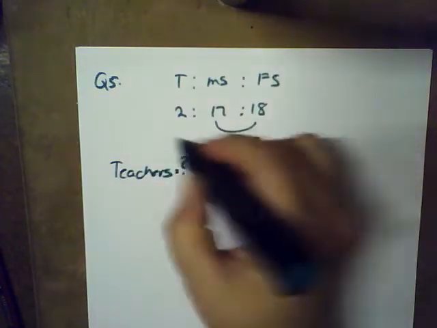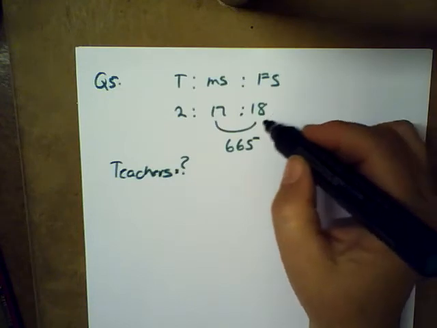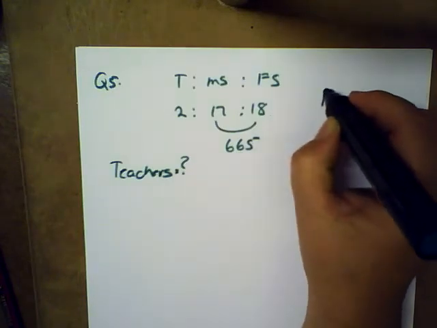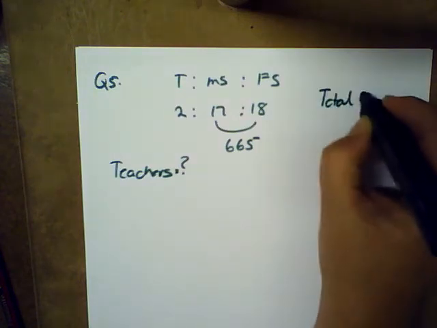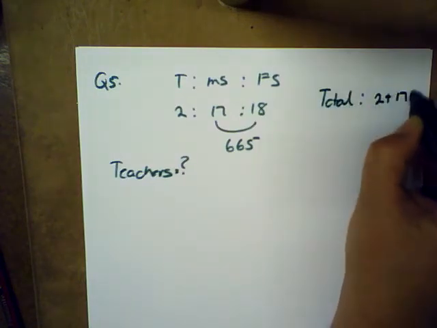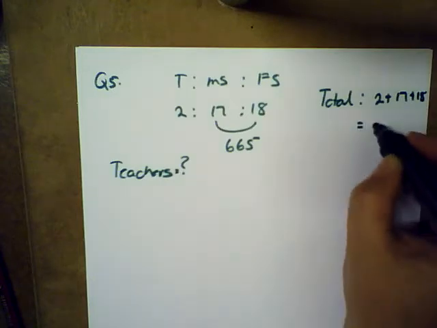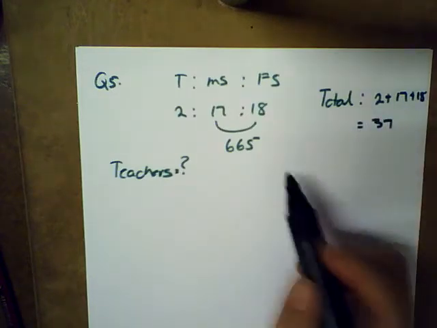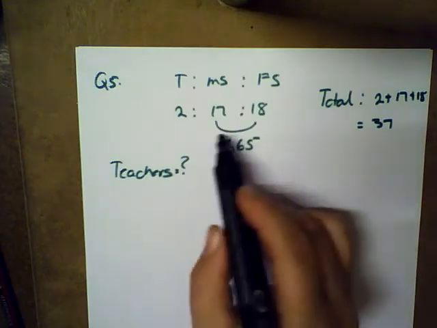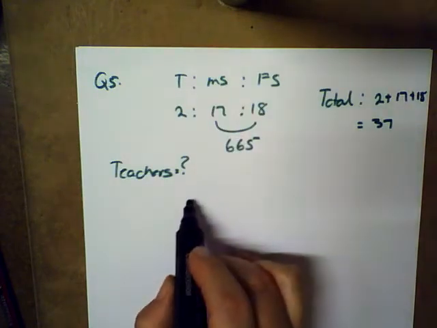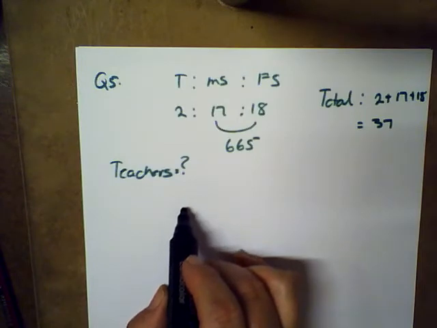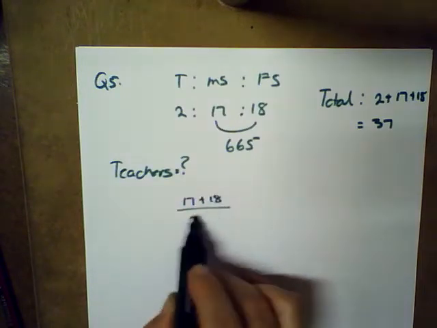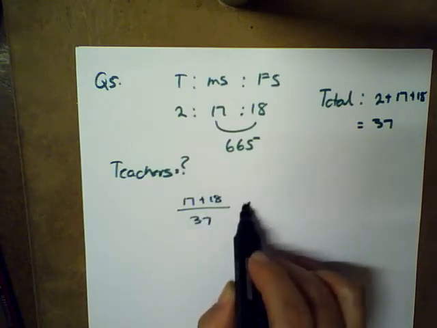Okay, so the total number of students is 665. So the total would give me 2 plus 17 plus 18. That is 37. Okay, so out of that, it is then 17 plus 18 over 37 of a number.